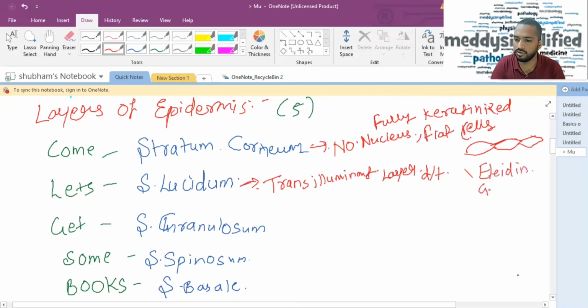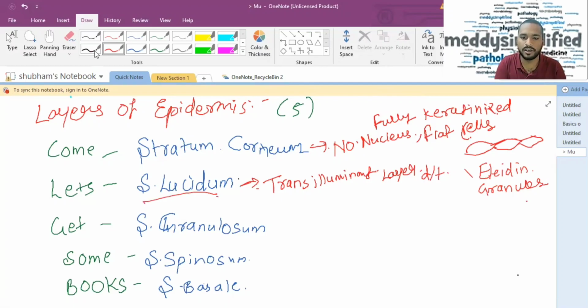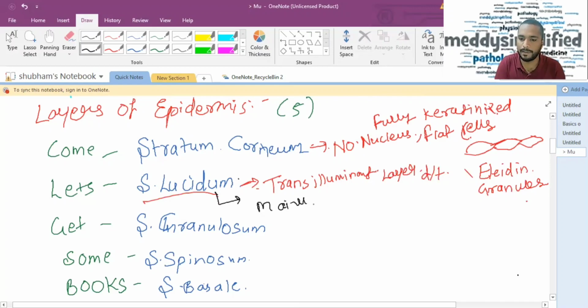So it is due to eleidin granules. This layer is found mainly at two sites, which is very important to remember: mainly at palms and soles. I hope I'm clear till now.